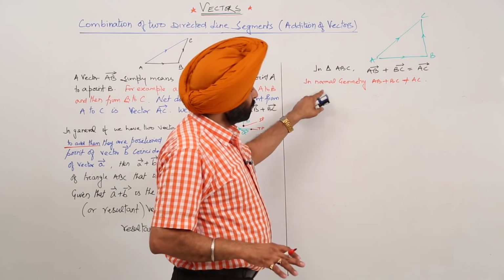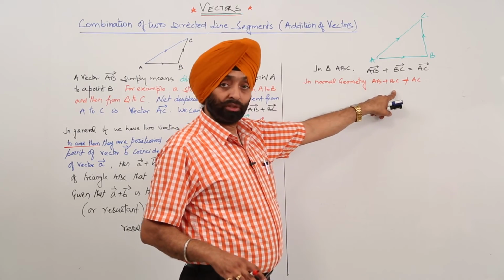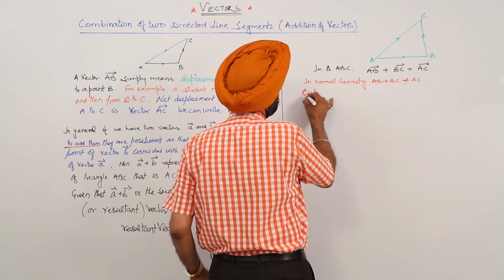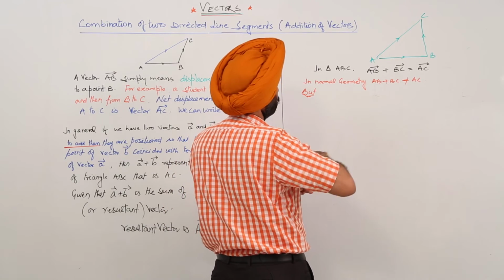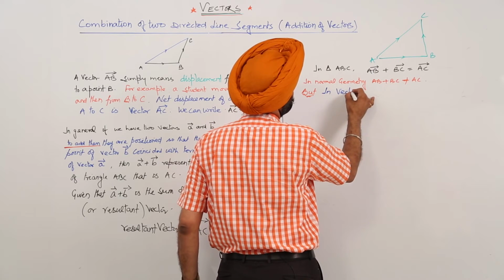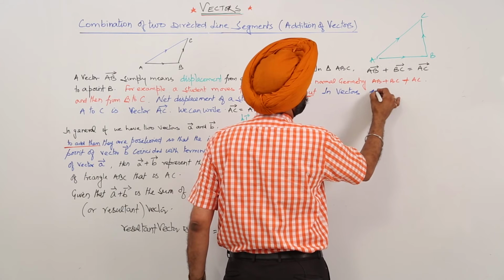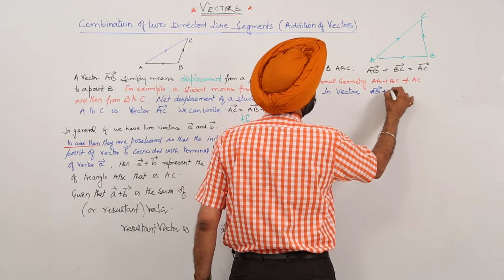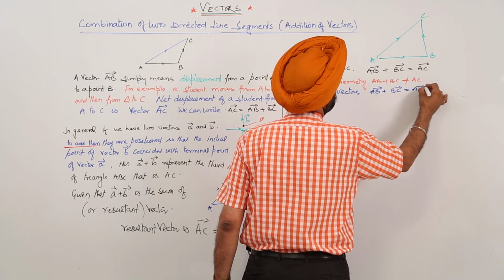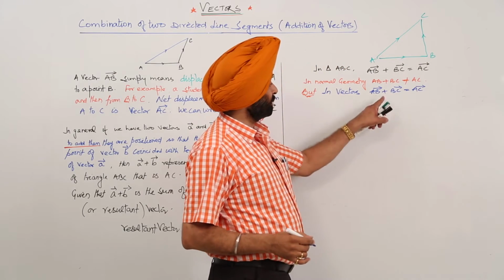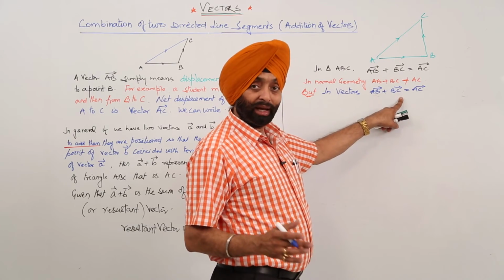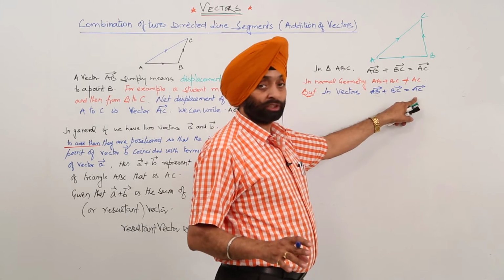But in vectors we write vector AB plus vector BC is equal to vector AC. Once again, displacement from A to B, then displacement from B to C, and the resultant vector is AC.